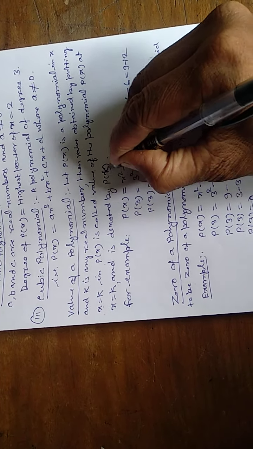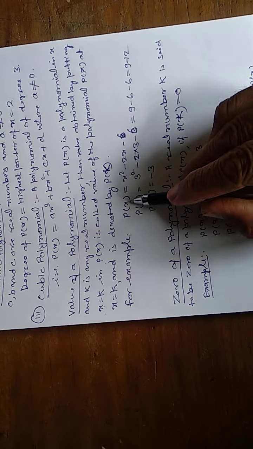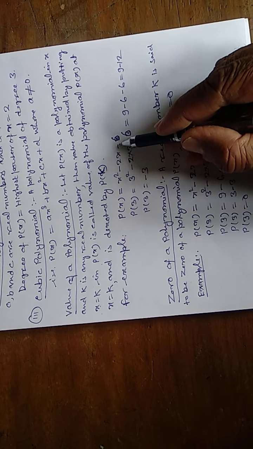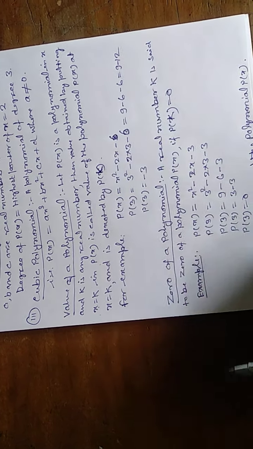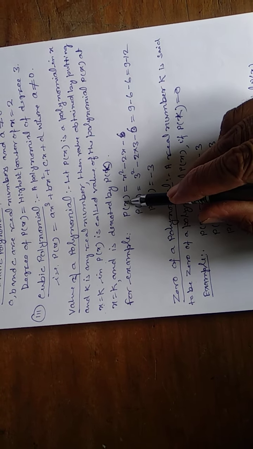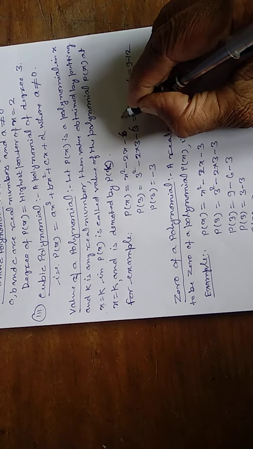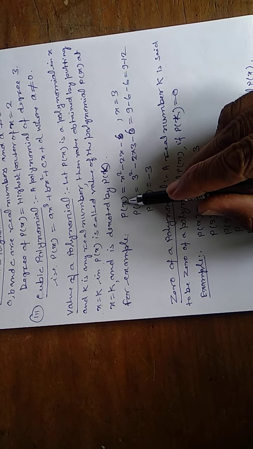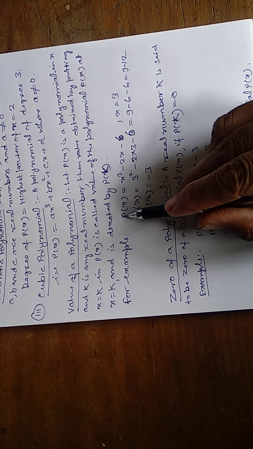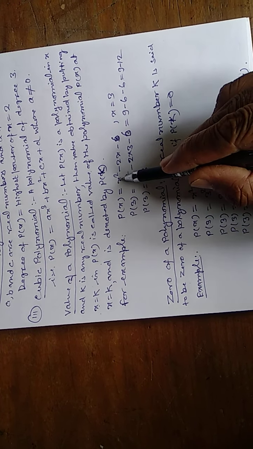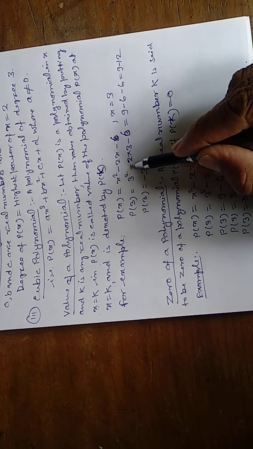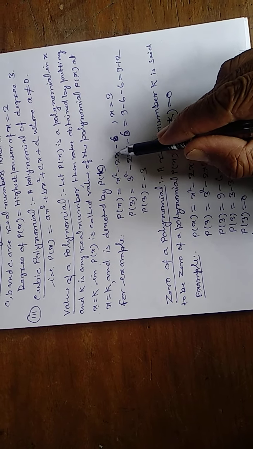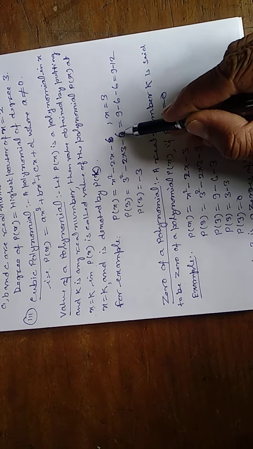For example, P(x) is equal to x square minus 2x minus 6. Suppose we put x equal to 3, that is, in place of x you will write 3. Then P(3) is equal to 3 square minus 2 into 3 minus 6.